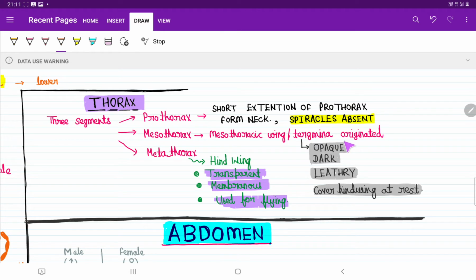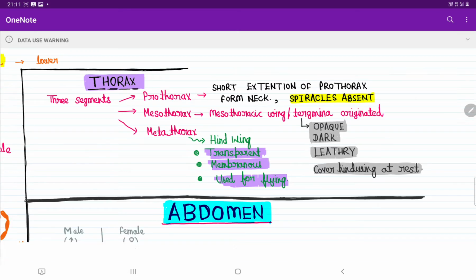It is opaque, dark, leathery, and thick. This wing is not used for flying. This wing protects the second pair of wings, called the hind wing, which originates from the metathorax. This wing is transparent, membranous, and used for flying.